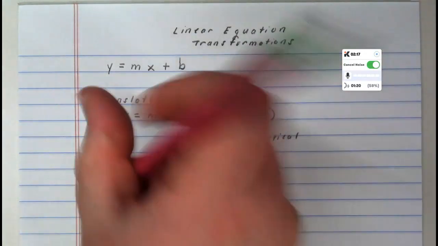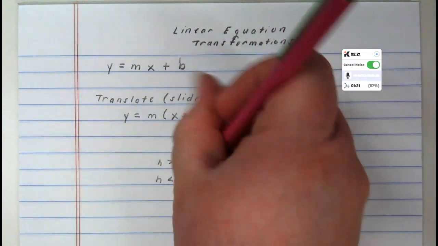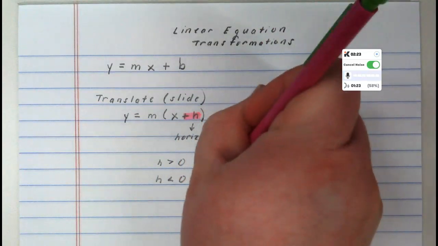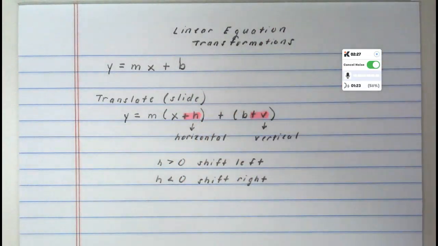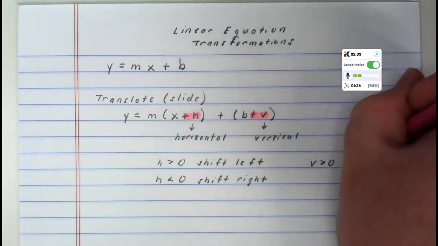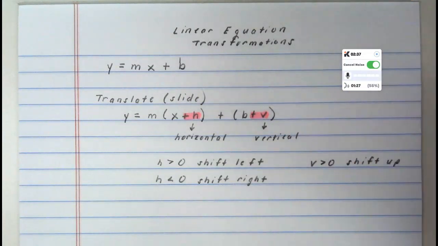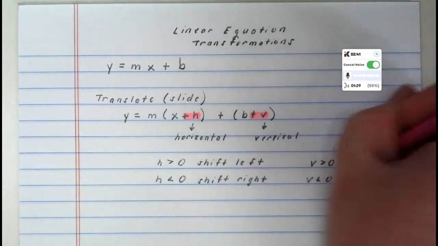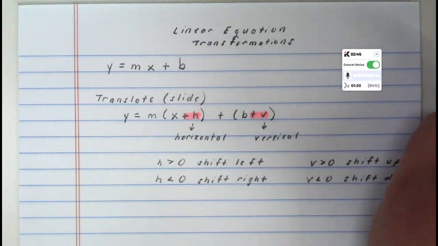If the h value is negative or less than 0, we shift right. If the v value for vertical is greater than 0, we shift up. And if it's less than 0, we shift down.